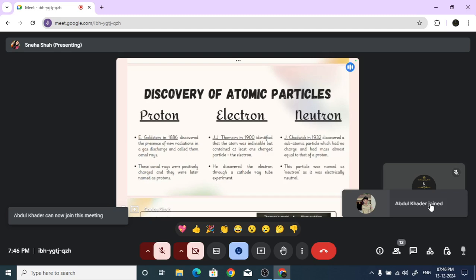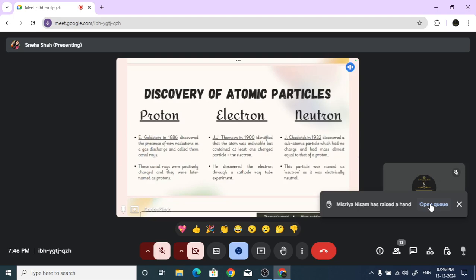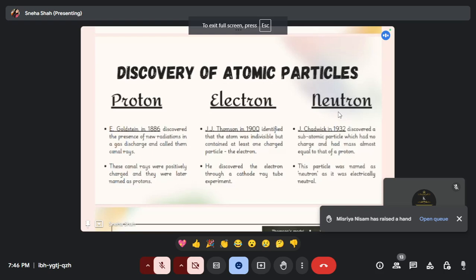And finally, the neutron was discovered in 1932, as another particle which contributed to the mass of the atom, because we know that the mass of an electron is almost negligible compared to the mass of a proton, while a neutron has a mass equal to that of a proton.